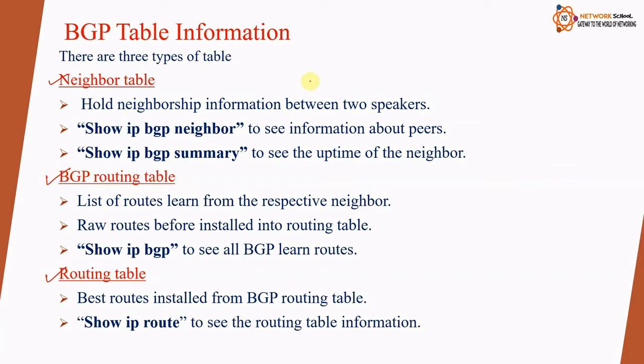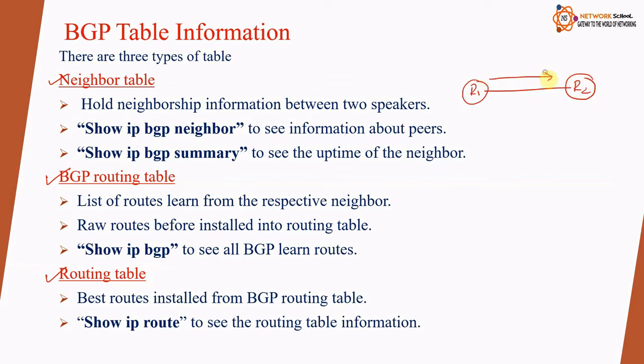As we have studied in IGP protocols, like EIGRP and OSPF, we have a neighbor table. A neighbor table is a table that holds the neighbor information. Let's say we have router 1 connected to router 2.